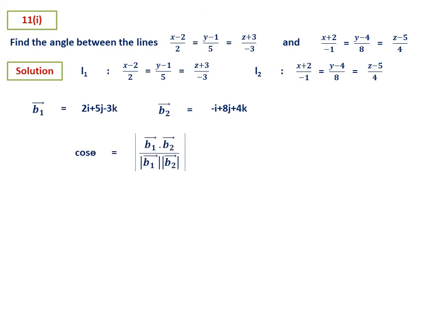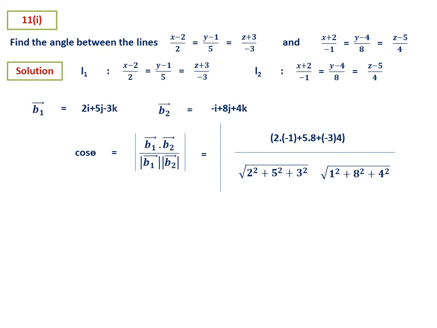Therefore, take cos theta. Cos theta formula: B1 dot B2 divided by magnitude B1 B2. Very simple. Substitute 2 into minus 1 plus 5 into 8 plus minus 3 into 4, divided by the magnitude, 2 square plus 5 square plus 3 square. You need not worry about the sign because you are squaring. And then take the mod value.